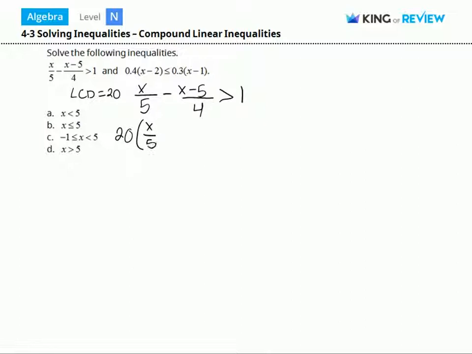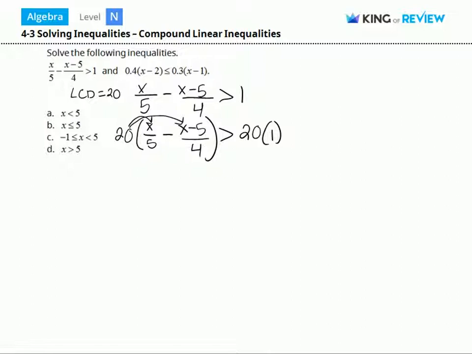So we have 20 times (x over 5 minus (x minus 5) over 4) is greater than 20 times 1. We'll distribute this 20 to each item within the parentheses.